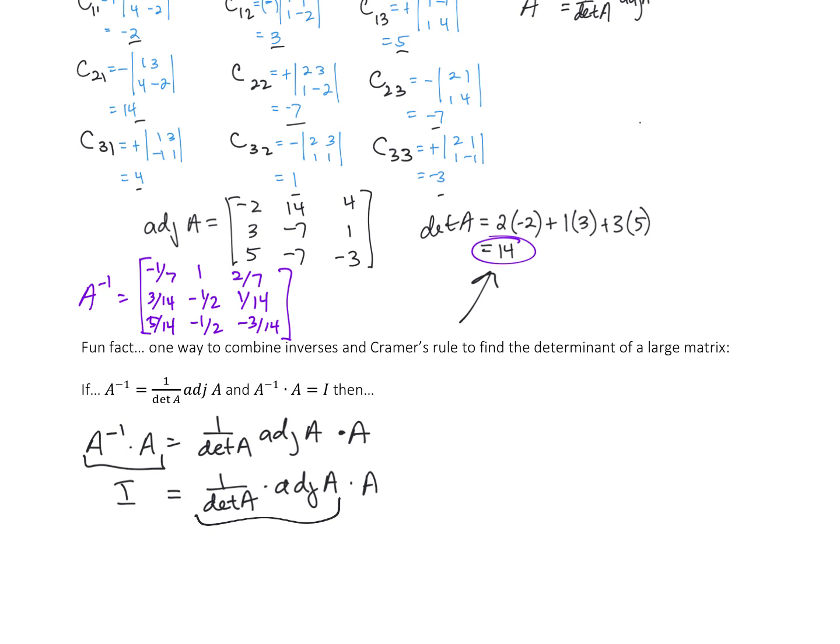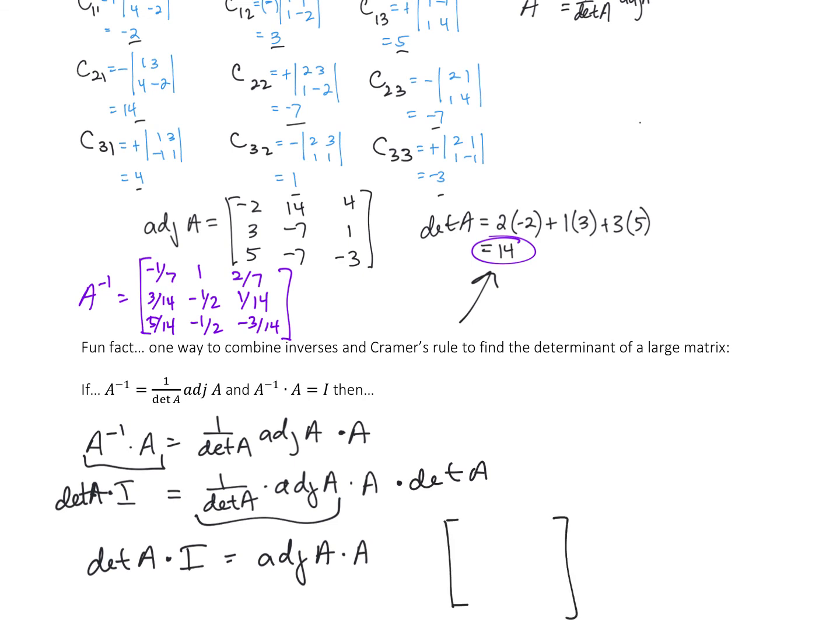Now, if I want to figure out what the determinant of A is, you ready? If I multiply both sides by the determinant of A, and now it doesn't matter the order that I do these things in because the determinant of A is a scalar, the determinant of A times the identity matrix is equal to the adjoint matrix times A. So if I multiply my adjoint matrix and my A, I'm going to get an identity matrix, or that's close to an identity matrix.